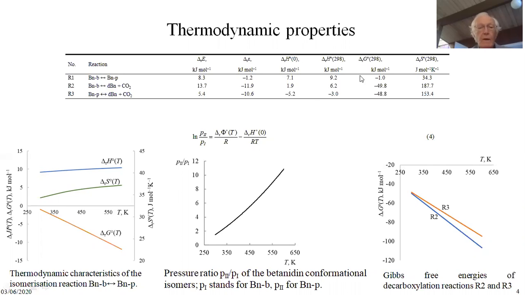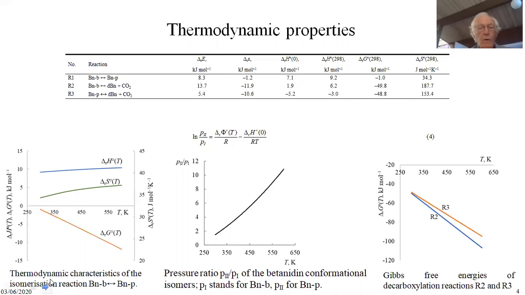The Gibbs free energy of all these reactions was spontaneous, and the entropy of all these reactions was observed to be positive. It means the molecules are not rigid, as shown by the positive entropy values.